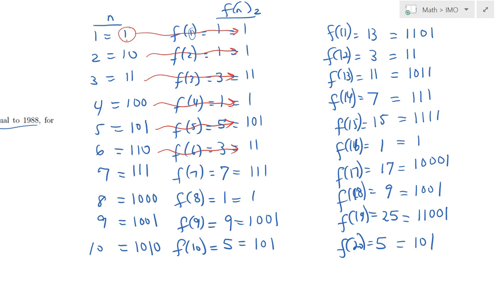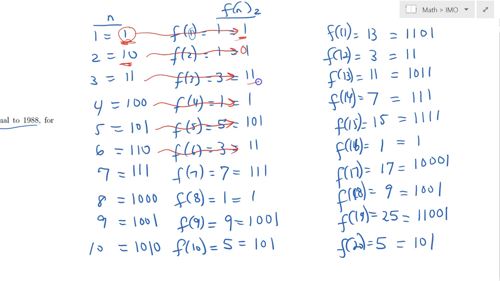But the idea is simple, right? The mapping f simply reverses the binary representation of n. So here n is 1, reversing the representation, it's 1 again because it is symmetric. But 10 becomes 0 1. So there's an invisible 0 here.